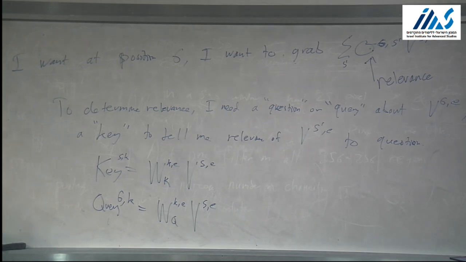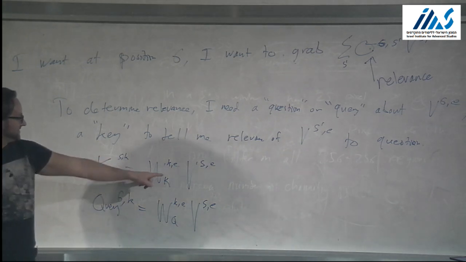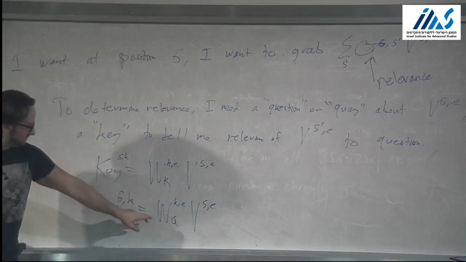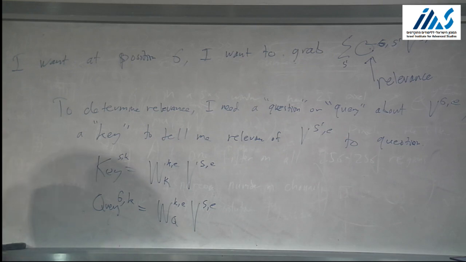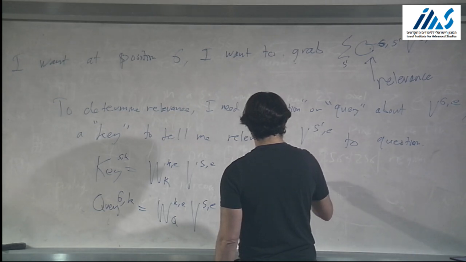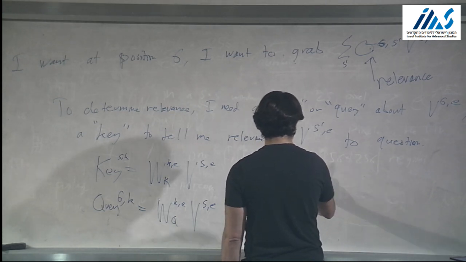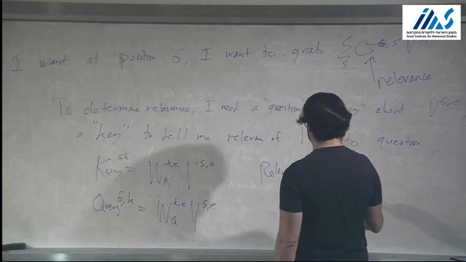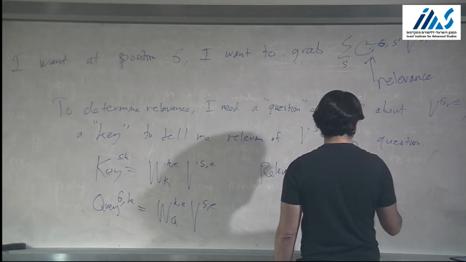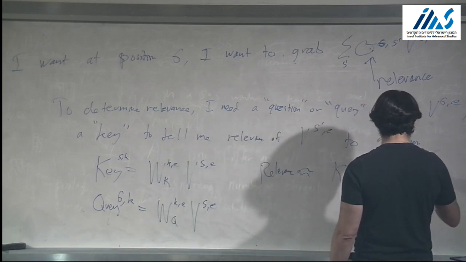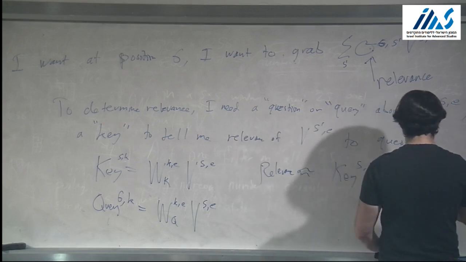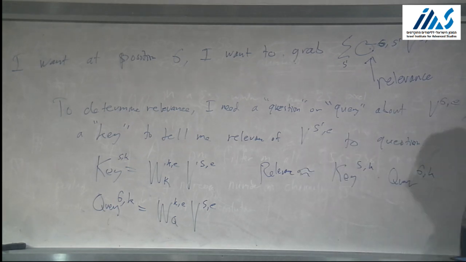So now what have I done here? Well, I've projected into some possibly smaller vector space indexed by K with this WK and this WQ to try to talk about relevance. And so relevance will basically just be key s,k dot query 6,k, since I'm focused on 6.